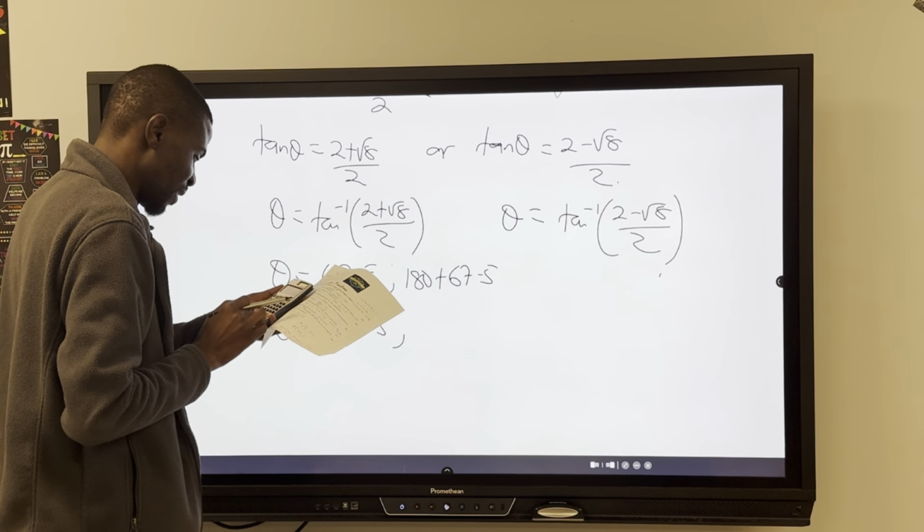Then another one is 180 plus this, so it's 180 plus negative 22.5. Then, since we want all angles within the range from 0 to 360, if we add 360 here, it's now 360 plus negative 22.5. So this one, we drop it because it's out of range.